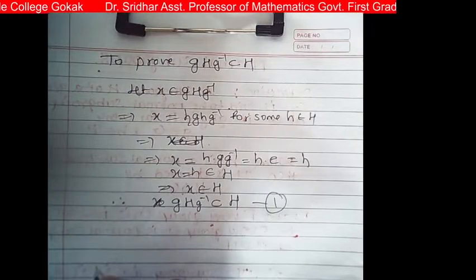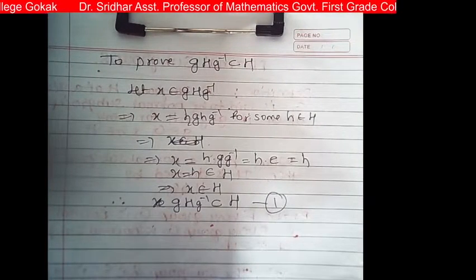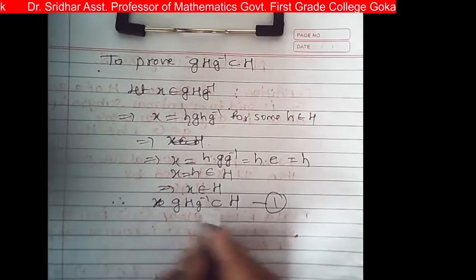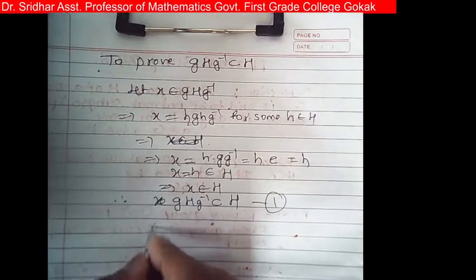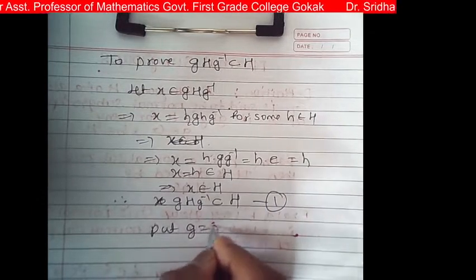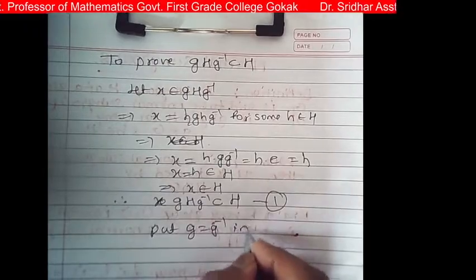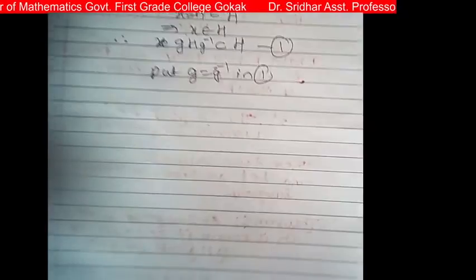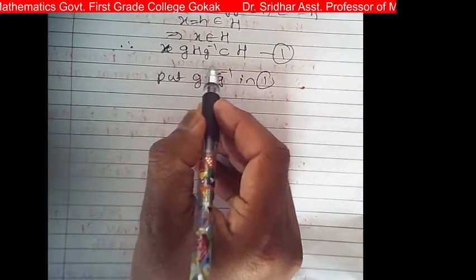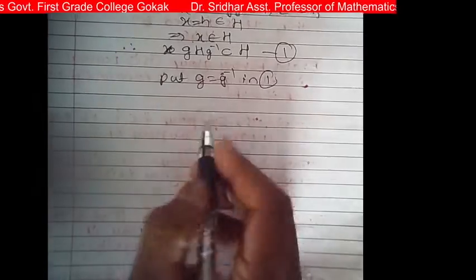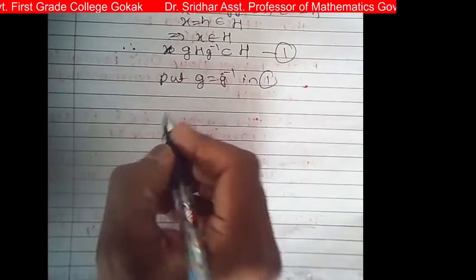Next we prove H is a subset of gHg inverse. Now in equation 1, put g equal to g inverse. Wherever g is there, just replace it by g inverse. So what do we get?